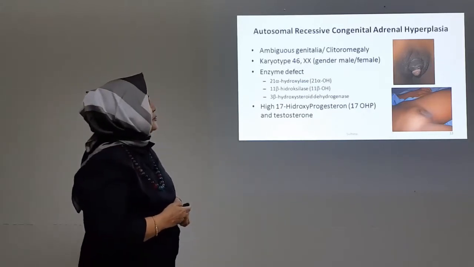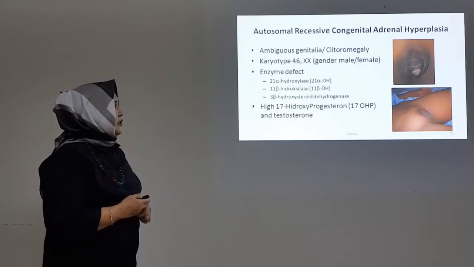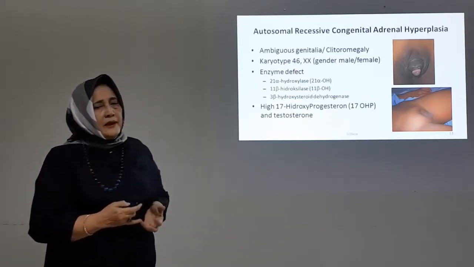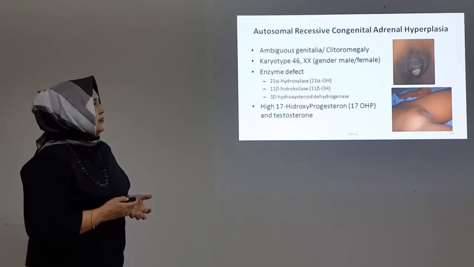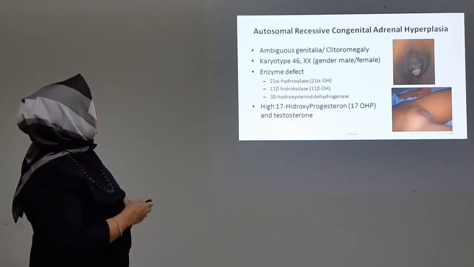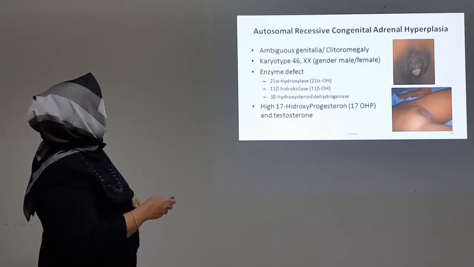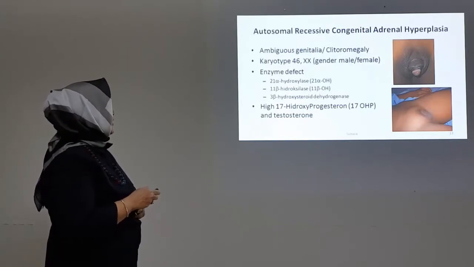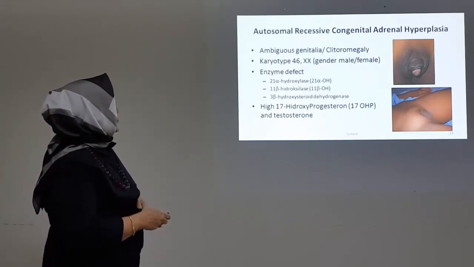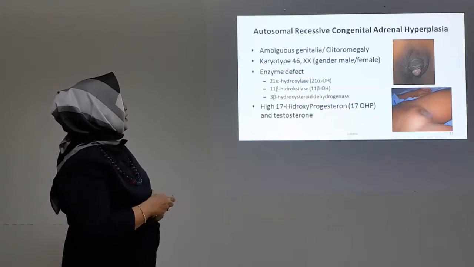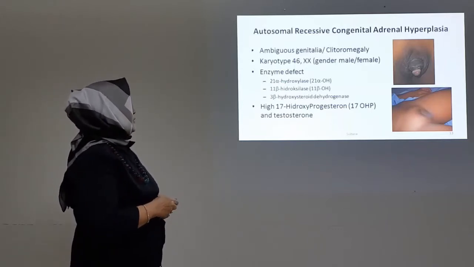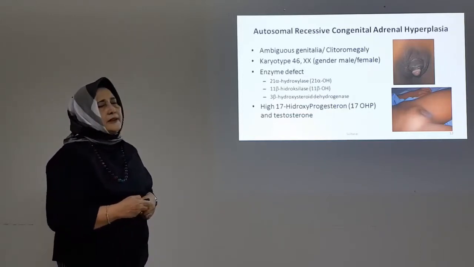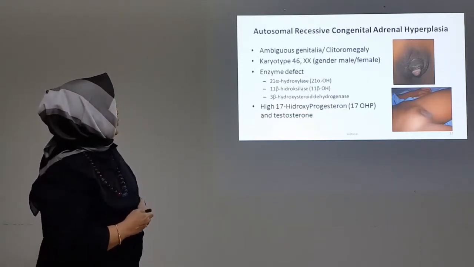But for male, usually they did not go to the doctor directly because the abnormality comes up when they have already grown up, as precocious puberty. So in congenital adrenal hyperplasia, they usually have karyotype 46XX, and the diagnosis is with hormonal measurement, especially of the secondary hormone, but we can also do gene testing for CYP21.